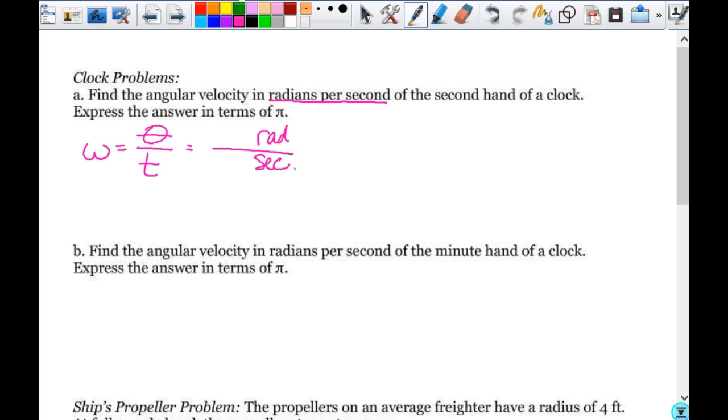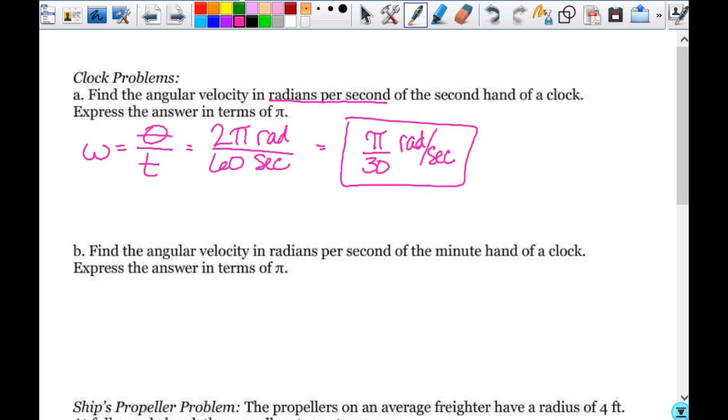In one complete revolution, how many radians is that? 2 pi. And how many seconds is one complete revolution of a second hand? 60, yeah. These are not really difficult questions. When I reduce that, I get pi over 30 radians per second. You see how that works?